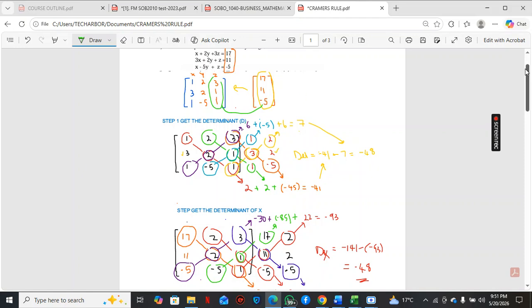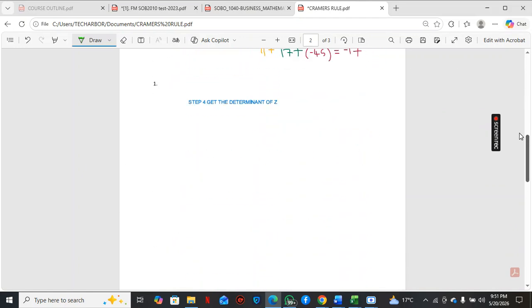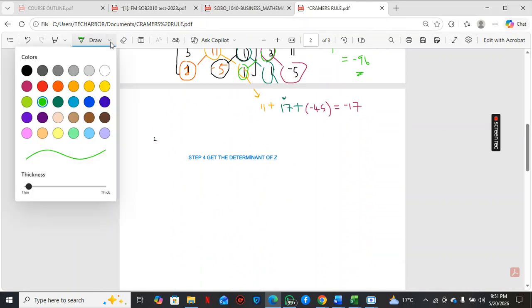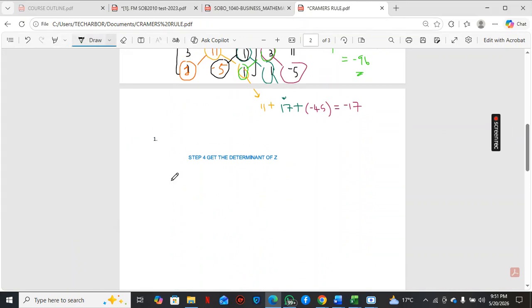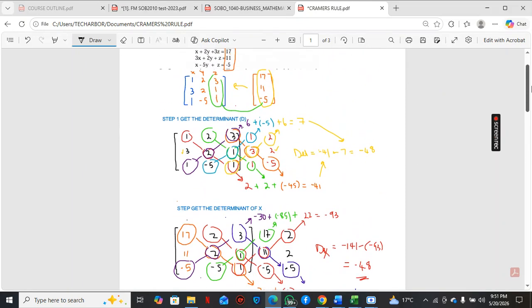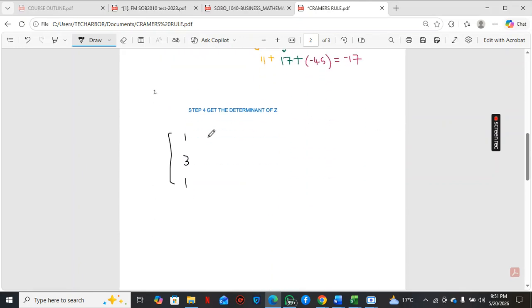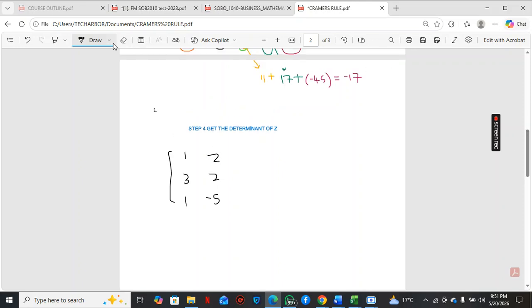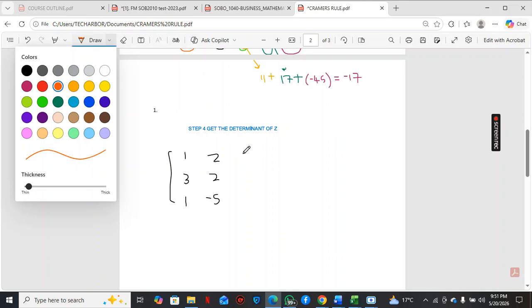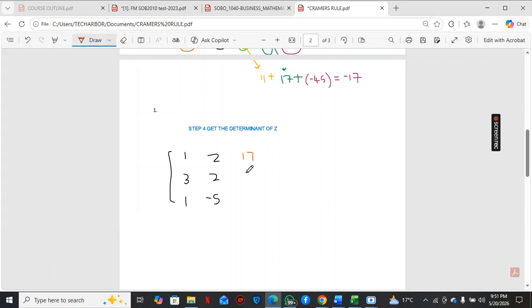So we first put our x column here: 1, 3, 1. Then we put our original y column, 2, 2, negative 5. And then now our z column gets replaced with the 17, 11, negative 5.